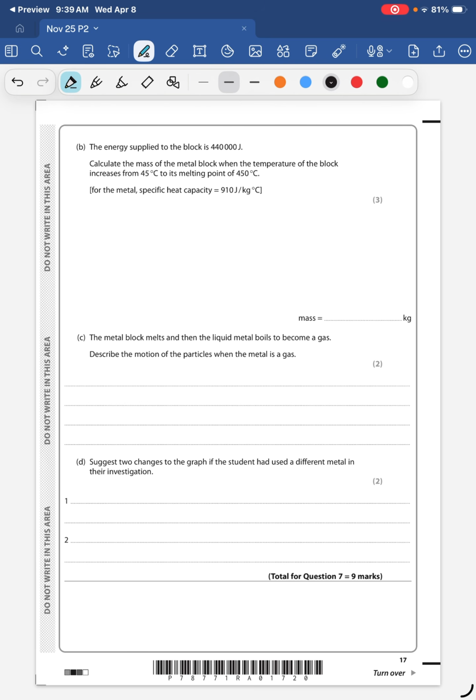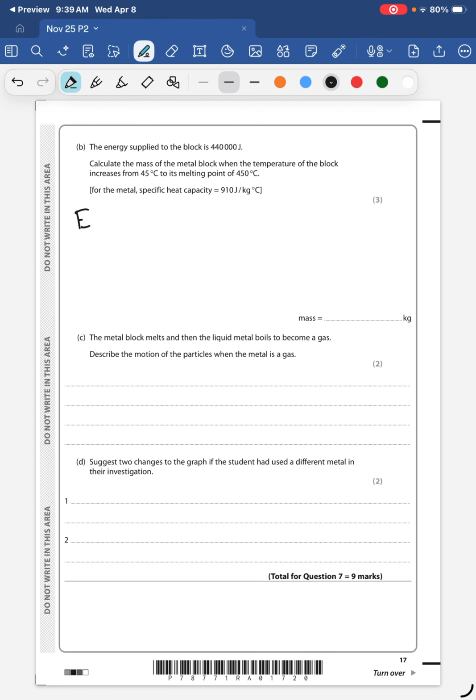Part B, the energy supplied to the block is 440,000 joules. Calculate the mass of the metal block when the temperature of the block increases from 45 degrees to its melting point of 450 degrees Celsius. And for the metal, the specific heat capacity is 910 joules per kilogram per degree Celsius.